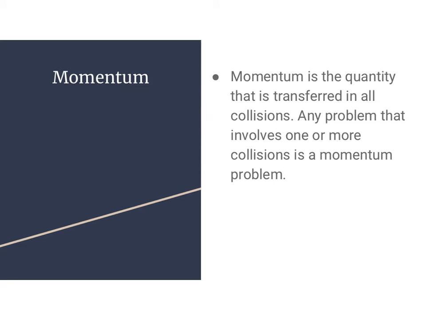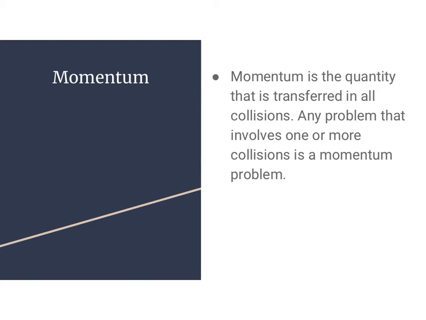This quantity of momentum, it's inertia in motion, and it's a measurement that is transferred anytime we have a collision. So anytime we have a problem that involves two things running into each other, whether it's a ball running into the earth, whether it's two people colliding, whether it's a car crashing into another car, even into explosions where we have a single object breaking up into multiple pieces and spreading out in all directions.